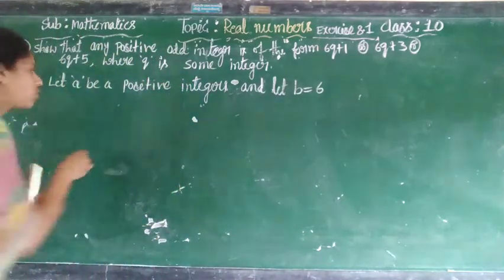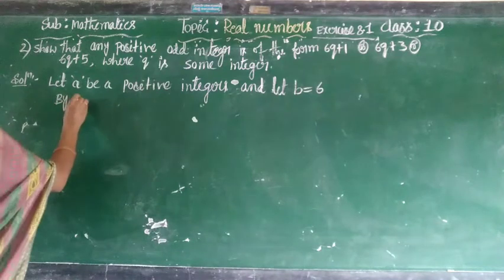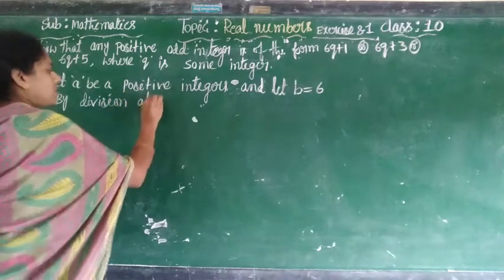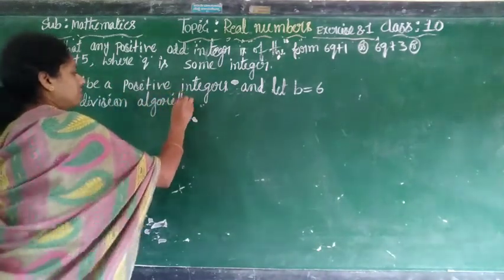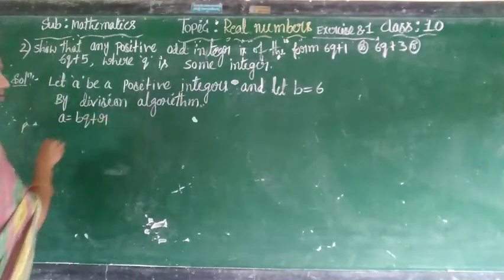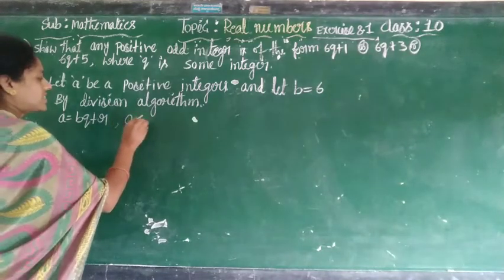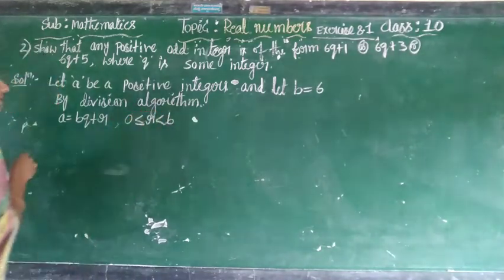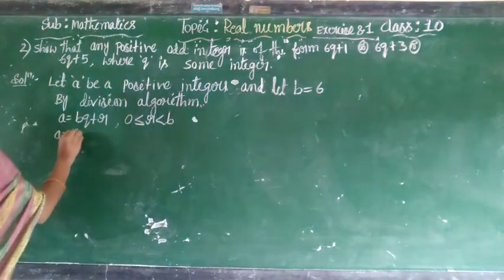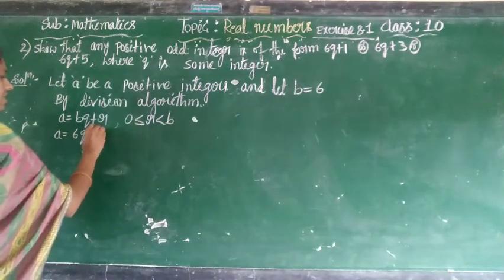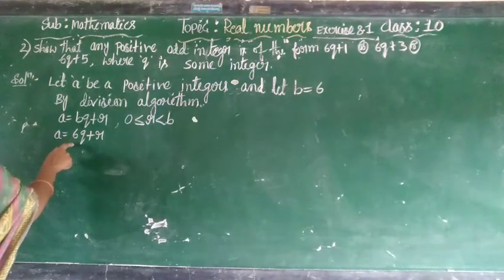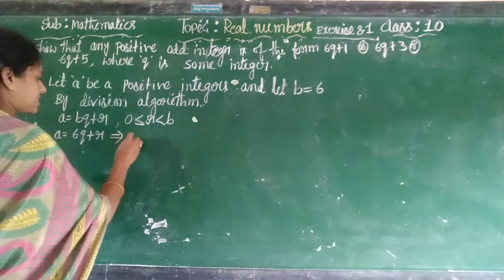By division algorithm, a is equal to bq plus r, where 0 is less than or equal to r, less than b. If b is equal to 6, a is equal to 6q plus r.